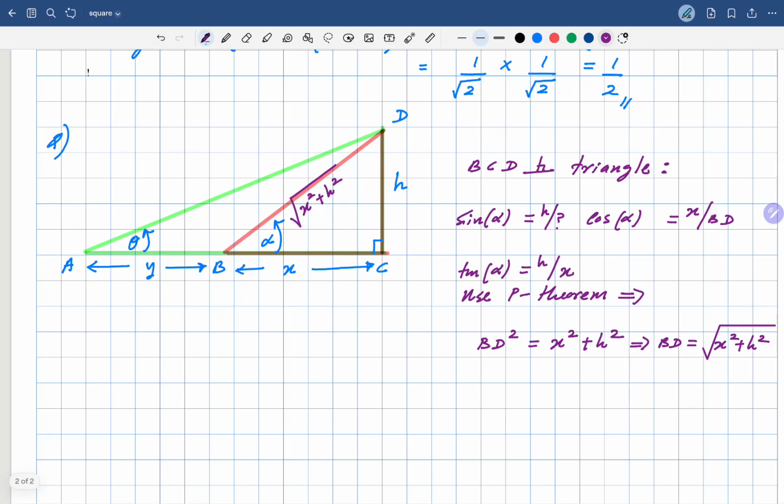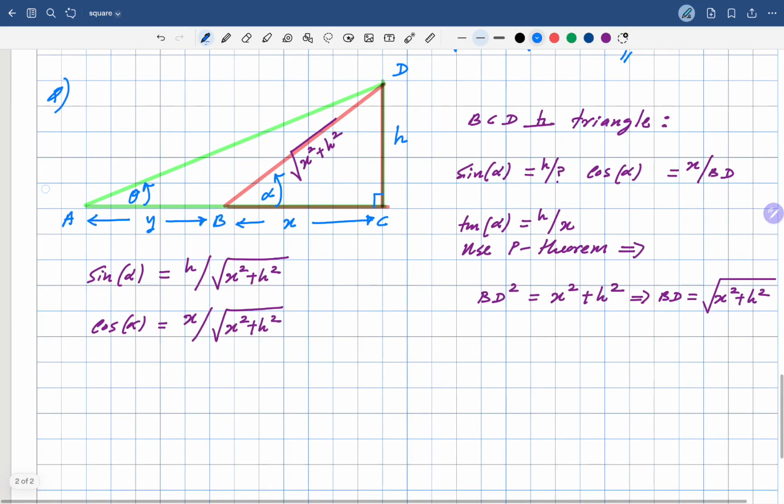From there you can find sine alpha. Sine alpha is going to be h divided by the hypotenuse, which is the square root of x squared plus h squared. Then cos alpha is going to be x divided by the hypotenuse, the square root of x squared plus h squared again. Okay, so that's done.